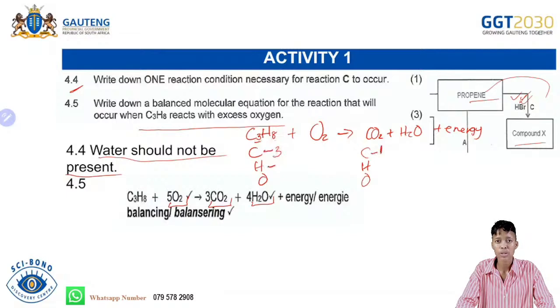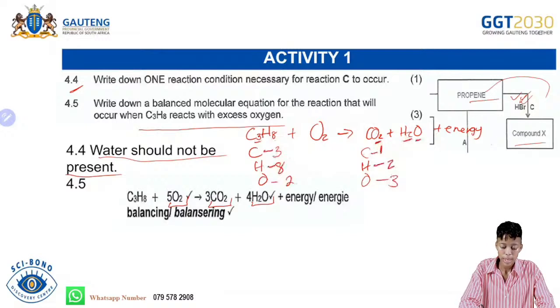Hydrogens: we have 8 on the left and 2 on the right. Oxygens: we have 2 on the left, and on the right we have 2 plus 1, which gives us a total of 3 oxygens. So between carbon, hydrogen, and oxygen, none are balanced.